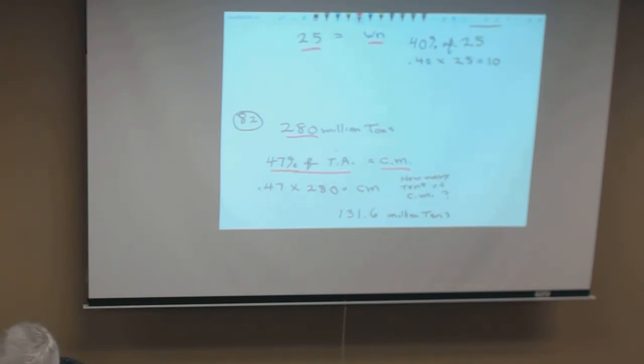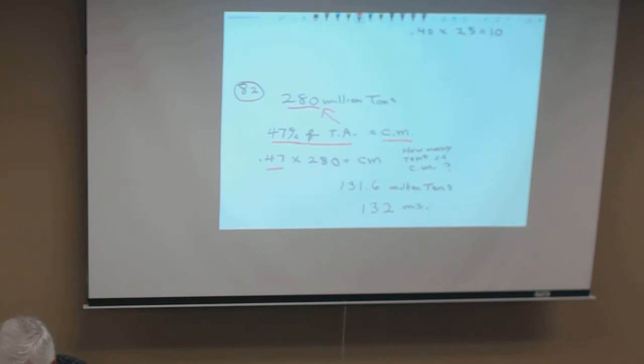Oh, this amount. Aren't they talking about the 280 million tons? So I go 0.47 of means times 280 equals carbon monoxide. What's 0.47 times 280? 131.6.